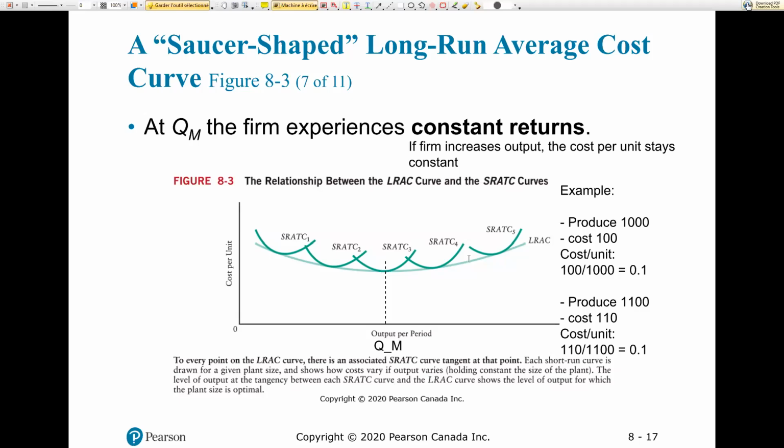Okay, yeah. So imagine that I start from there and I end up here. So imagine I produce 990. So it's going to be 90 divided by 900.